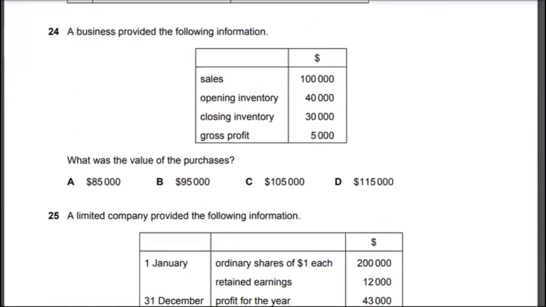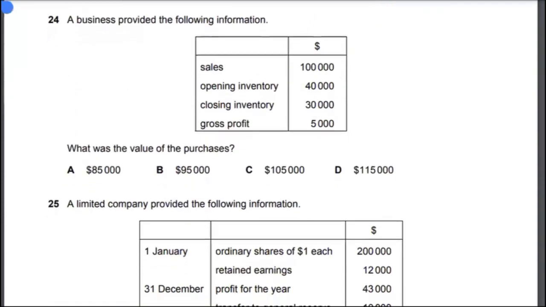Let's look at multiple choice 24. It is again asking about the value of purchases, which is very easy. I will tell you the correct answer, and I won't do the calculation, but I will write down the formulas for you as well. First, you will have to calculate cost of goods sold, which would be just sales minus gross profit, which are given to you.